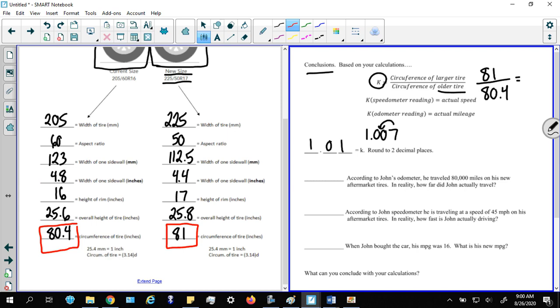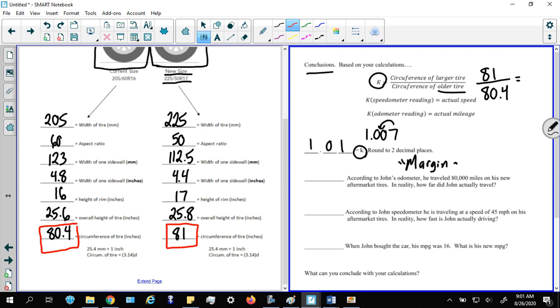So it's 1.01. Now, according to John's odometer, he traveled 80,000 miles on his new aftermarket tires. In reality, how far did John actually travel? Basically, K is roughly the margin of error.